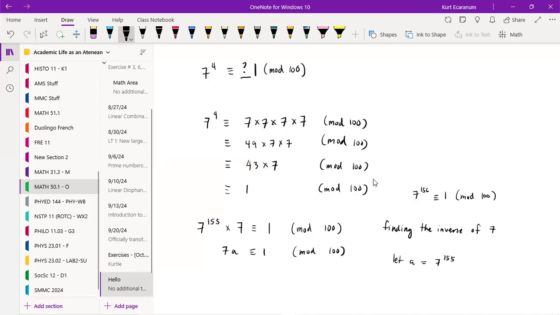And again, kagaya ng ginawa natin kanina, meron tayong, 'di ba, meron tayong naging product 43 times 7, which is 301. So 1 plus 300, and then 301.